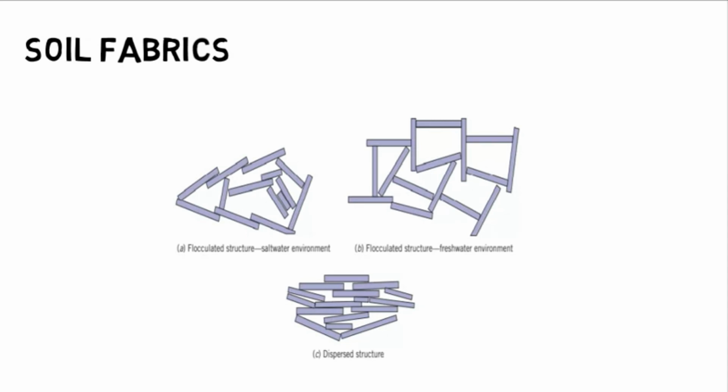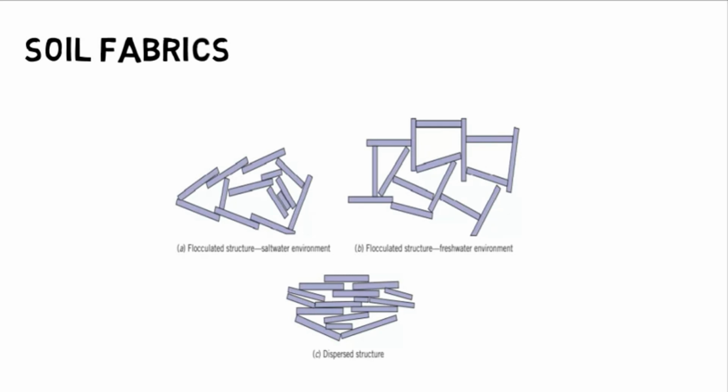In particular, the electrochemical environment has the greatest influence on the kind of soil fabric that is formed during deposition of fine-grained soils. Two common types of soil fabrics are the flocculated structure and the dispersed structure, formed during soil deposition of fine-grained soil. I repeat, it is the fine-grained soil.